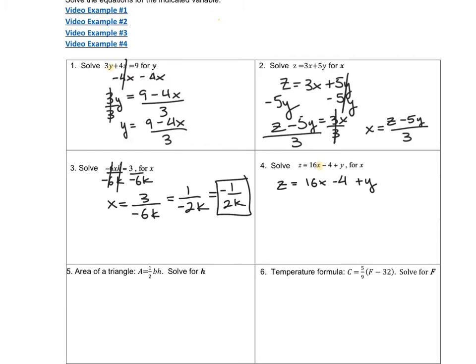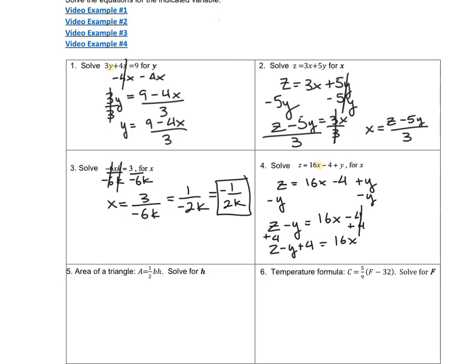So we want to get x by itself, so we have to subtract y from both sides of the equal sign. You can't combine a z and a y, so z minus y is equal to 16x minus 4. And then I'm going to add 4 to both sides of the equal sign. So it's going to be z minus y plus 4 is equal to 16x.